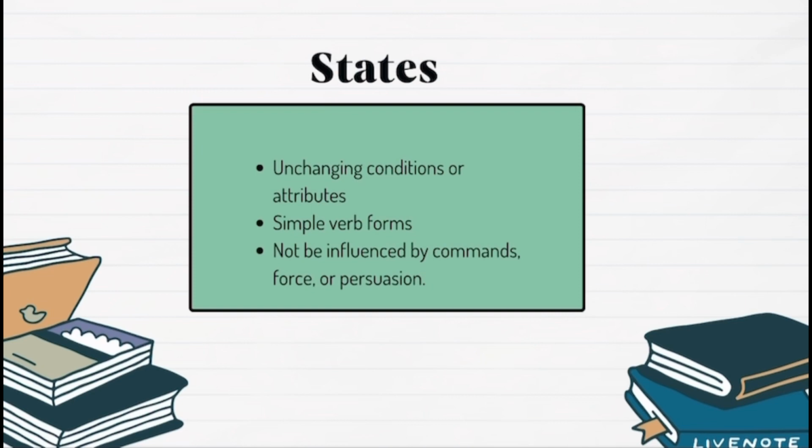States represent unchanging conditions or attributes that describe the way something is or exists. States persist through the duration of their existence and do not necessitate any change or action. States are typically expressed using simple verb forms and cannot be influenced by commands, force, or persuasion.